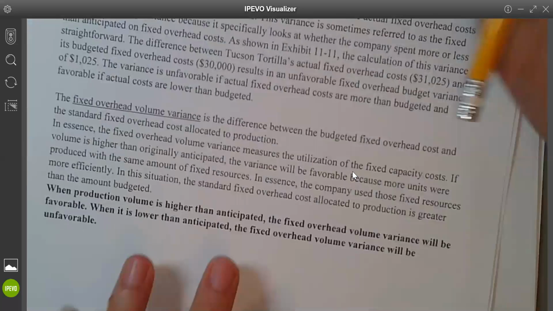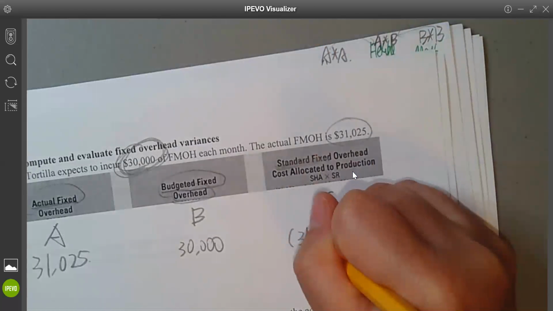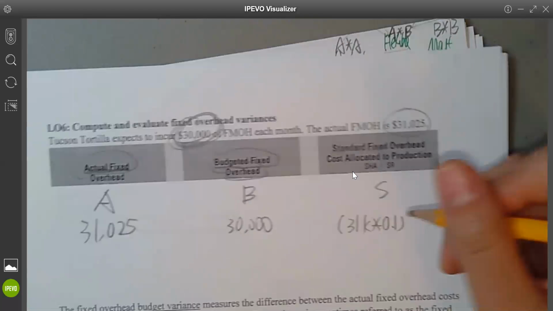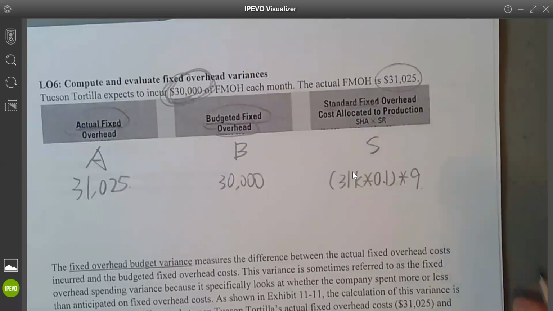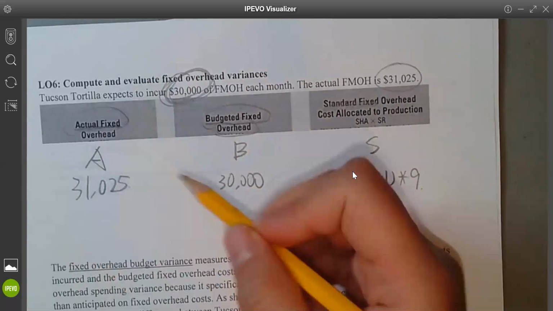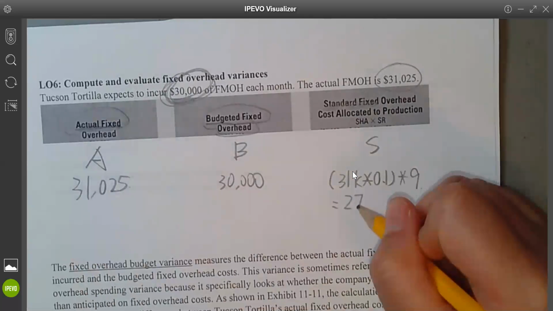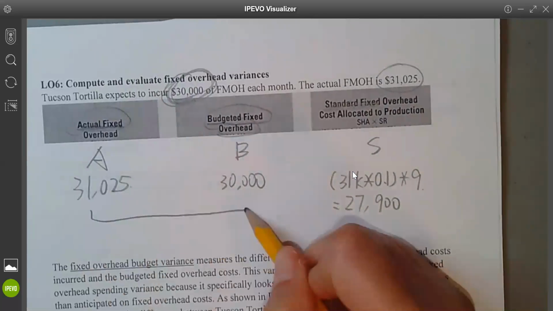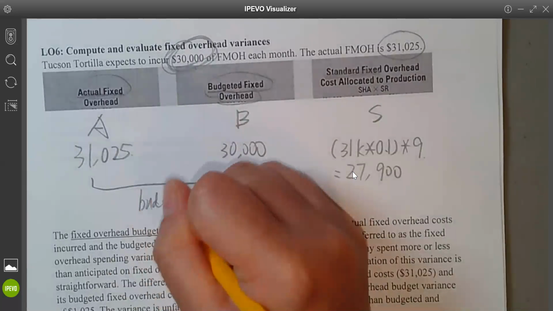So the total amount will be 31,000 units, each one is 0.1 hour, and each hour we allocate $9. If you do the math, this is 27,900.